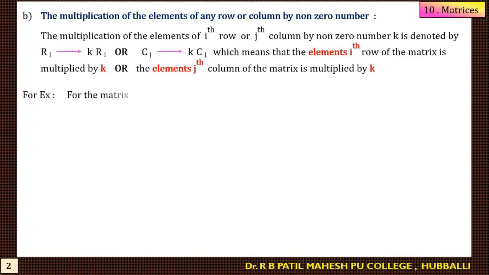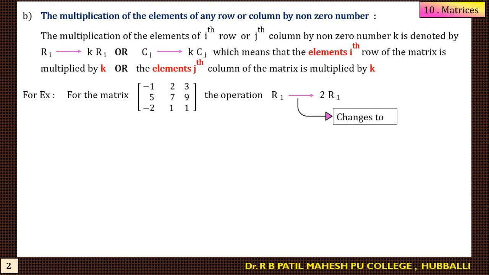For example, for the matrix -1, 2, 3, 5, 7, 9, -2, 1, 1, if I take the operation R1 changes to 2 times R1, you have to rewrite the matrix by multiplying this row's elements by 2. The meaning of this arrow mark is changes to.